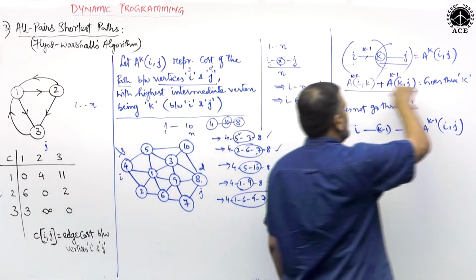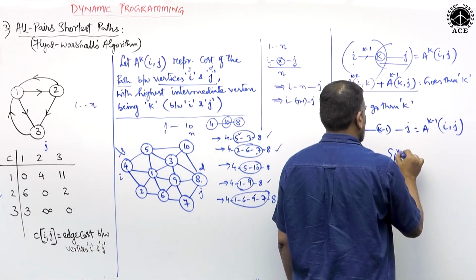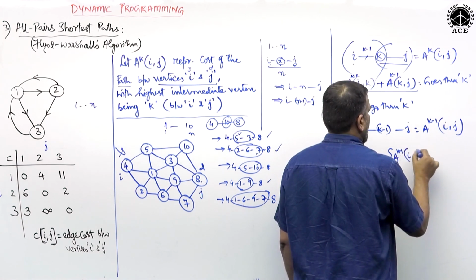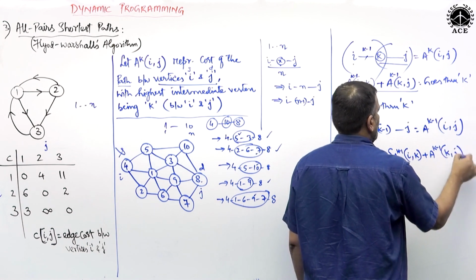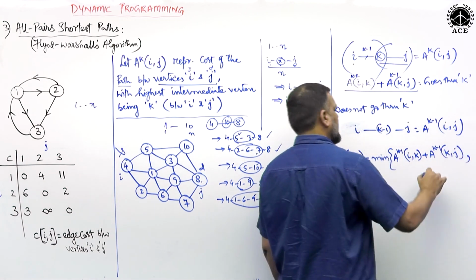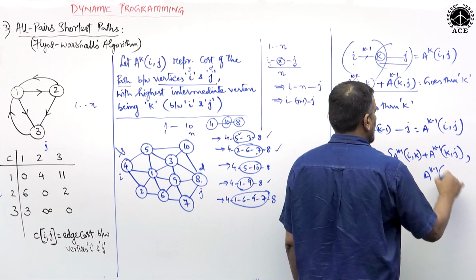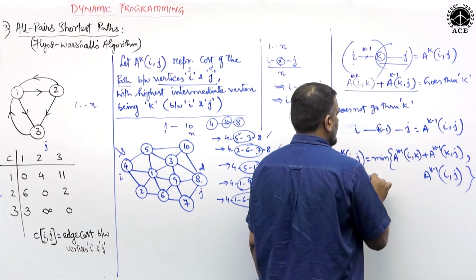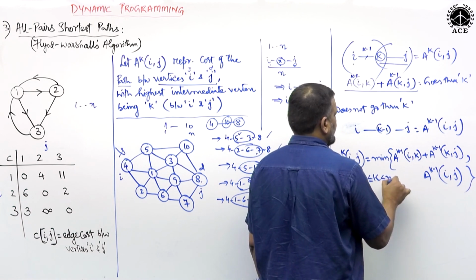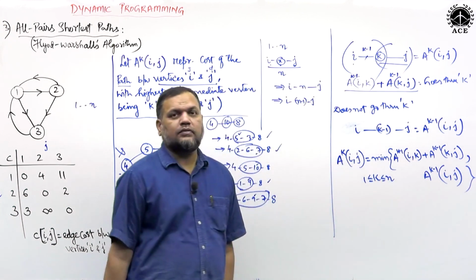If it goes through k, this is the cost: A^(k-1) of i, k plus A^(k-1) of k, j. Or if it does not go through k, A^(k-1) of i, j. This I will have to work out for all intermediate vertices from 1 to n, because I can have n vertices.